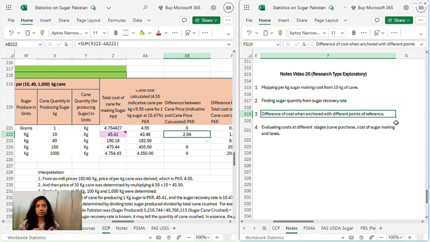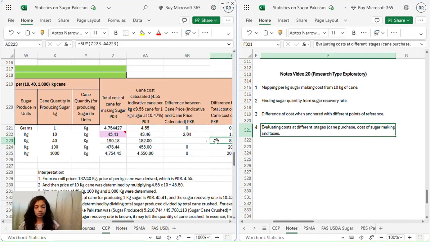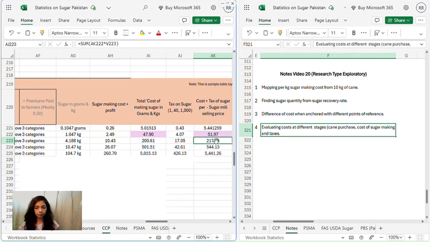If we make something different at the base and try to forecast it ahead, if you change the base, the forecast is going to change. The same goes for the costs here. Evaluating costs at different stages: cane purchases, cost of sugar making, and taxes that we have just discussed here.